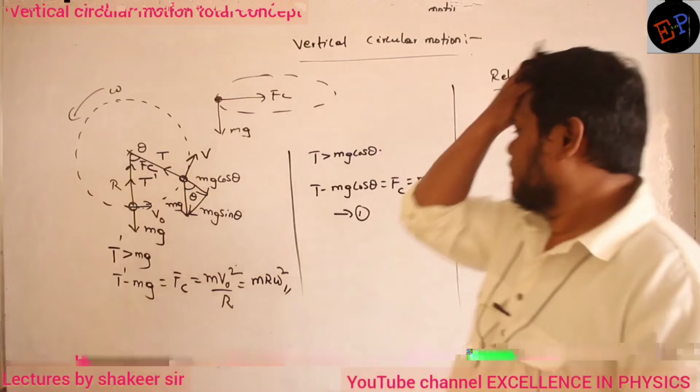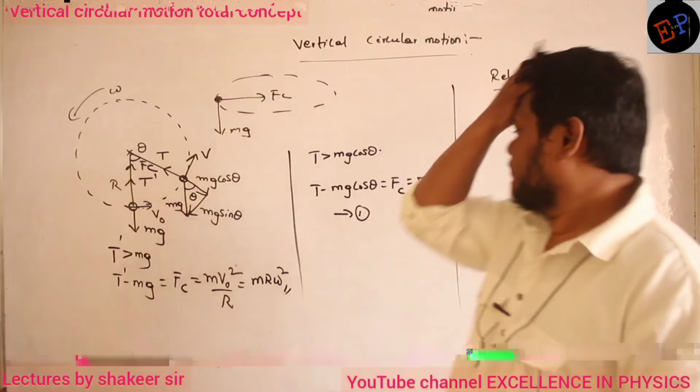Now we are studying the final case, where I throw the body with an initial velocity of root 5gL. Clear? Now, if the initial velocity is root 5gL, then here also we will calculate the alpha and beta values. Alpha is the angle at which velocity becomes 0. So alpha is cos inverse of (2gL minus u square) divided by 2gL.